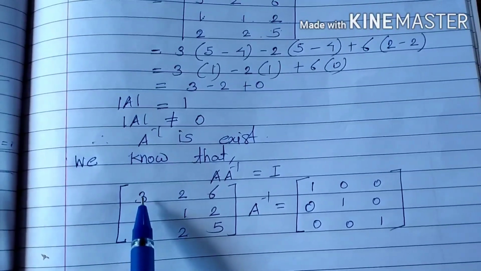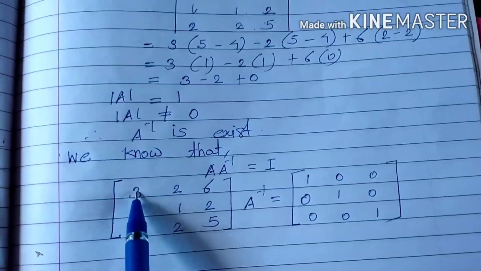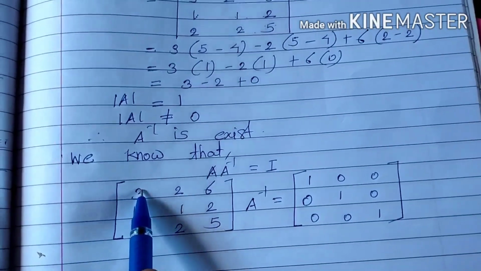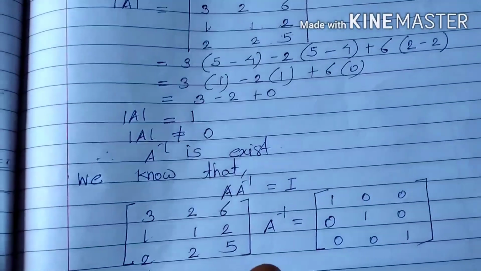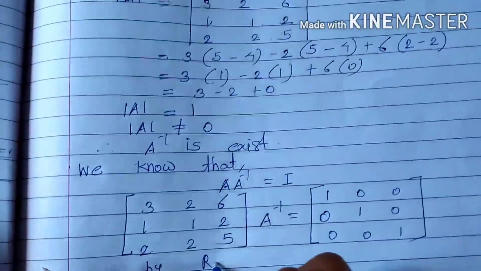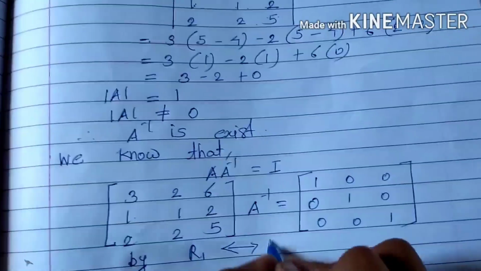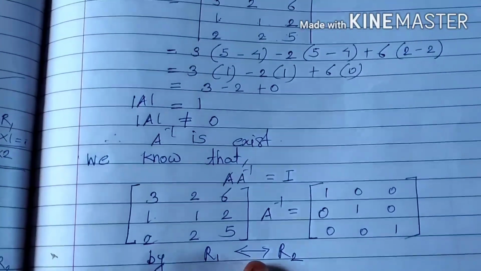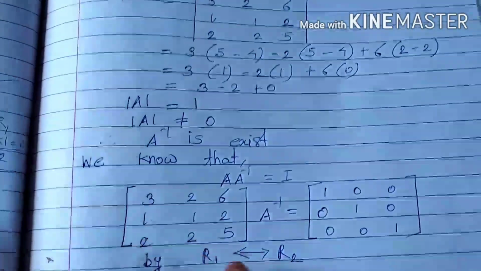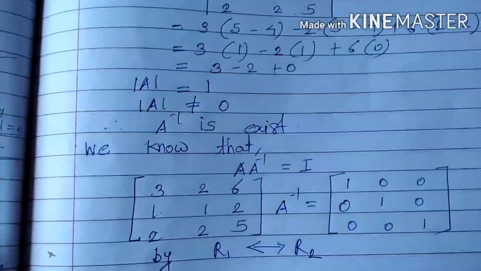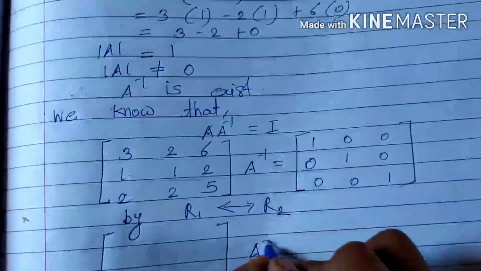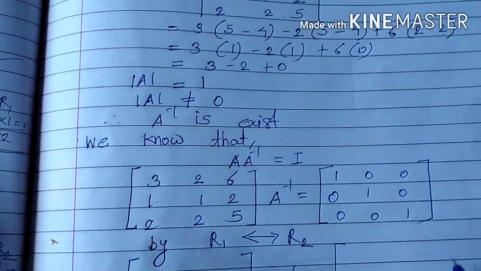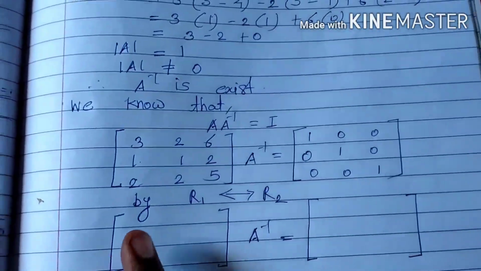So for the purpose of that, you can interchange R1 and R2. You get 1 here. So R1 changing to R2, this sign means this interchange. So A inverse, what is remaining as it is?